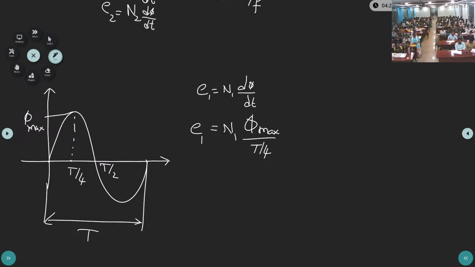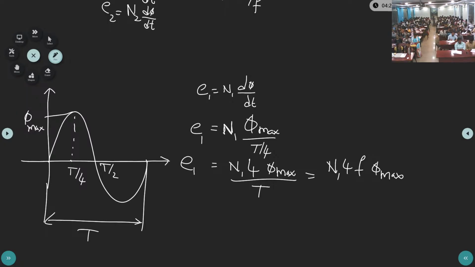So here it is N1 into 4 φ max by T. Can I write 1 by T as F? So here it is N1 4 F φ max. This value is E average.